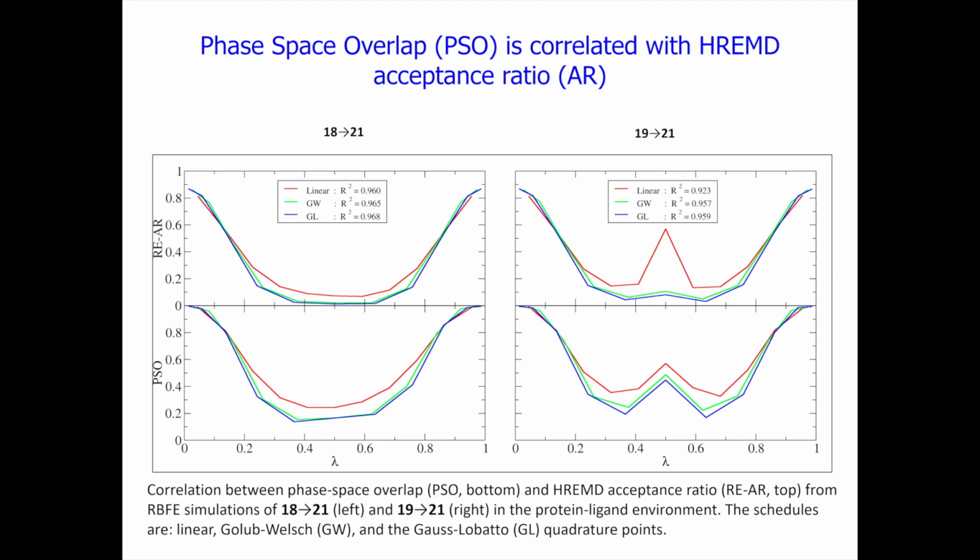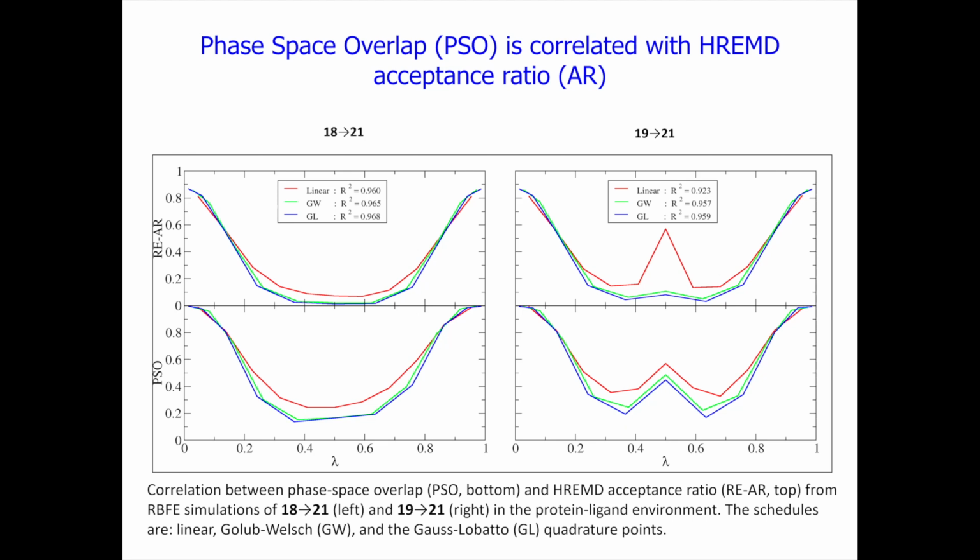So what we can do is we sort of note that if we monitor the phase space overlap of two ligand transformations, 18 to 21 and 19 to 21, using different sort of schemes for specifying the lambda points. So like a linear scheme would be just to start with 0 and take equal spacing of lambda points all the way until you get to 1.